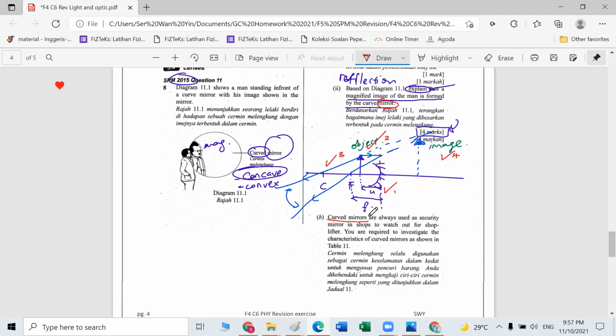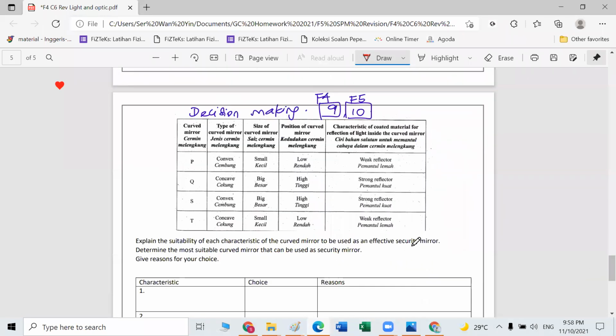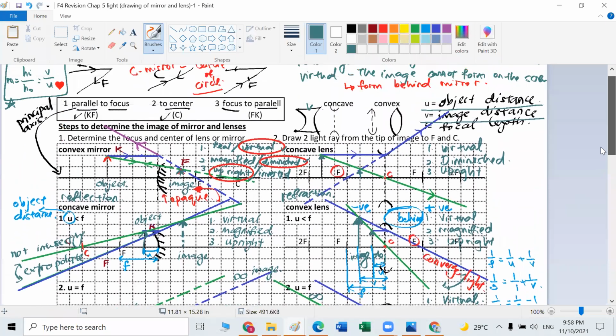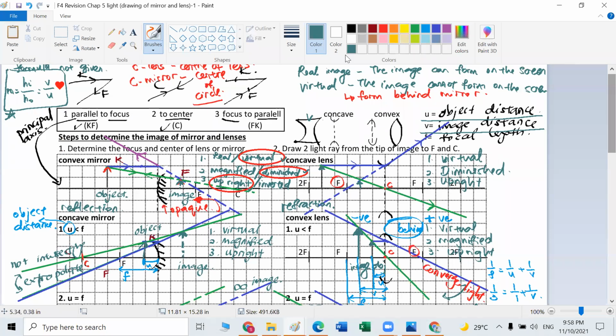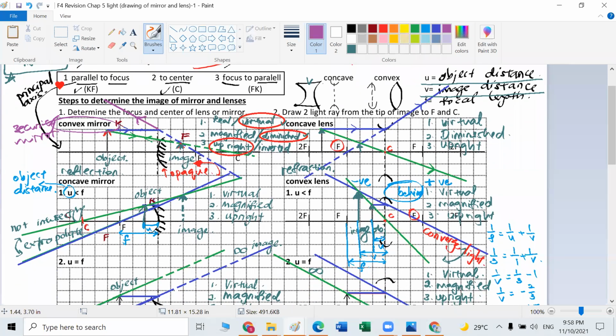Then curved mirror are always used as security mirror. So if you look at the diagram, actually it is convex mirror. So you can jot down, this is a security mirror. Then this enlargement, this is a makeup mirror.